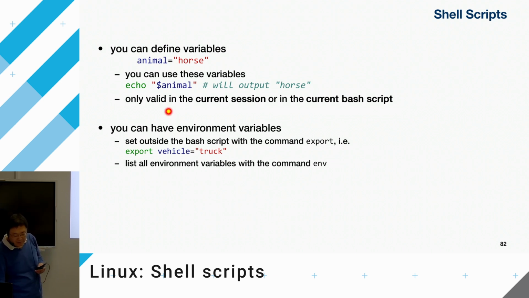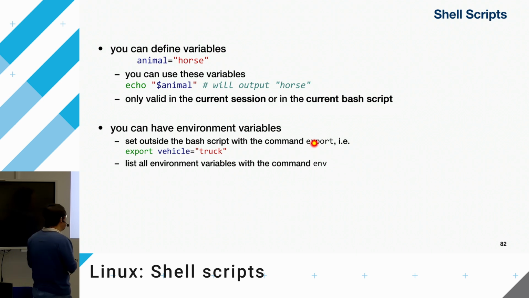You can also define the so-called environment variables, and set them outside of a bash script through the command export. Use the command export to define an environment variable like this: export vehicle=truck.